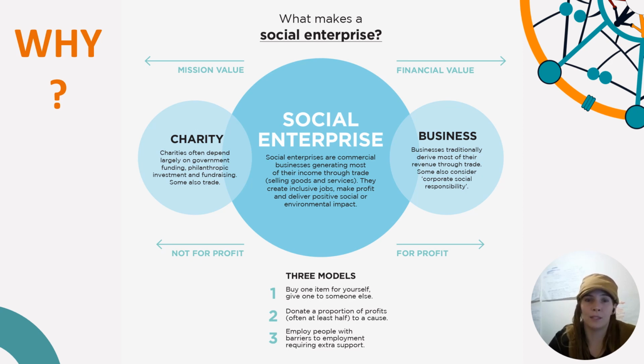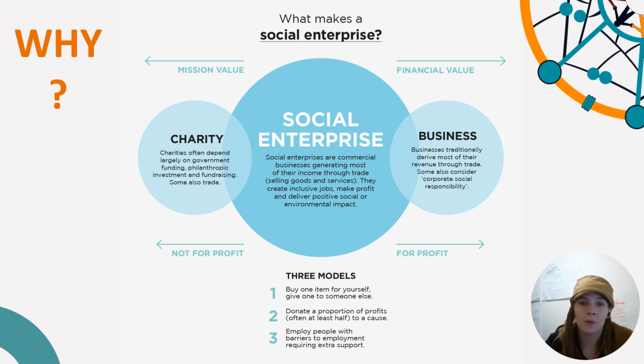So this is a really good visual. You can see the business on the right, the charity on the left, and the social enterprise is in between, whether it is in the not-for-profit sector or under the Corporation Act. There are 3 models listed at the bottom.